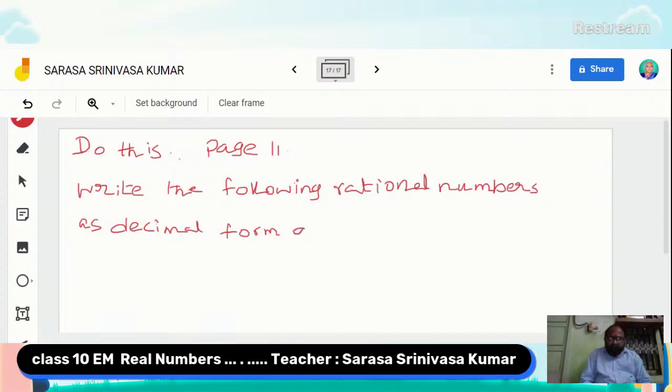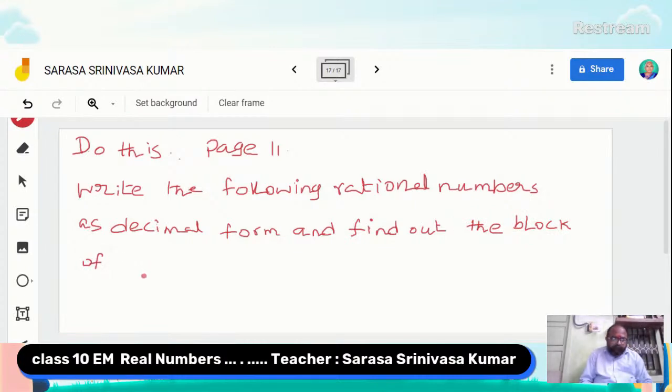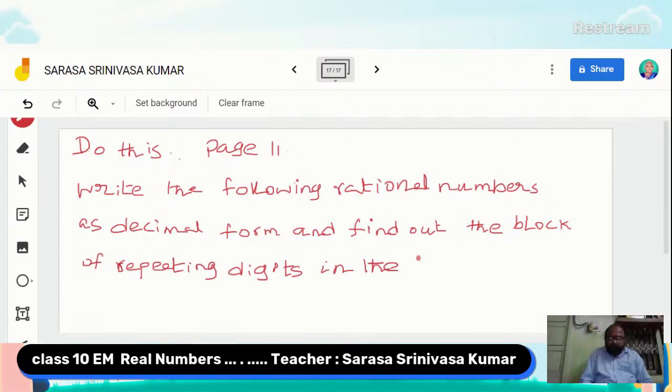and find out the block of repeating digits in the quotient.